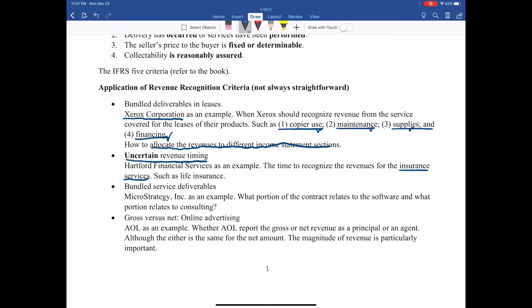Some other examples include whether the firm reports gross or net revenue. There are lots of online agents. You can buy your ticket, airfare, hotel. And we know these agents do not provide this service.